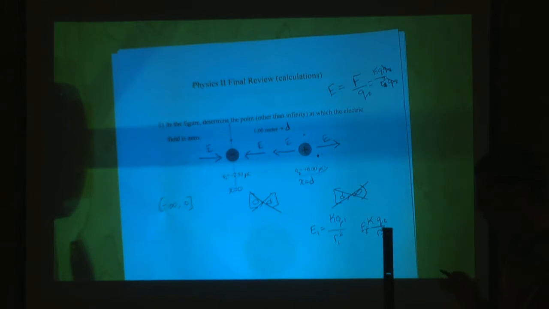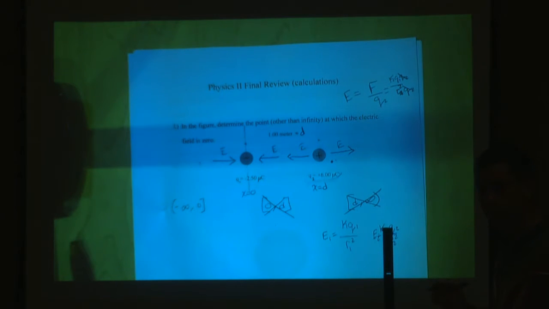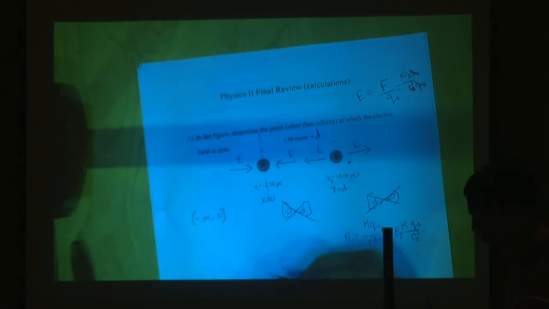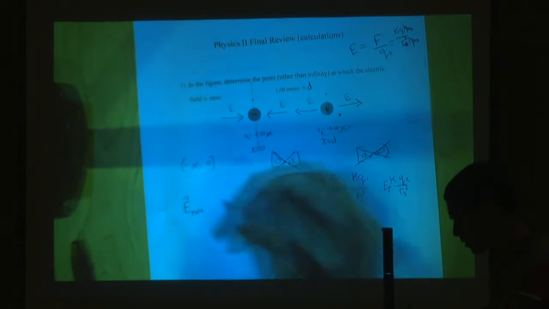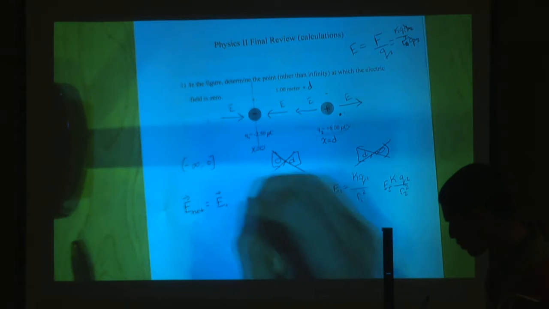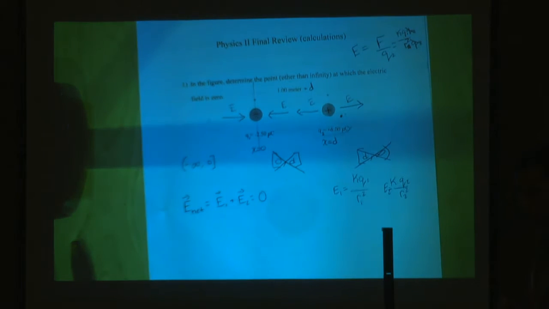So what are we going to do here to figure out what spot holds an electric field equal to 0? Well, we'll look at our vectors, right? We know that the E net will equal the electric field caused by the first charge plus the electric field by the second charge, and it must equal 0, correct?